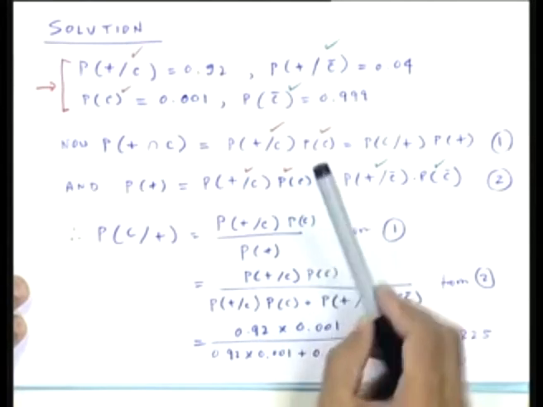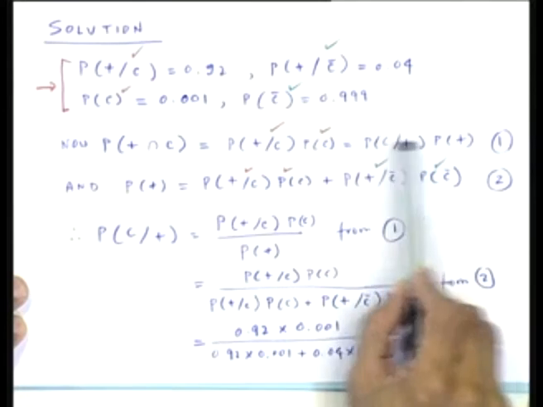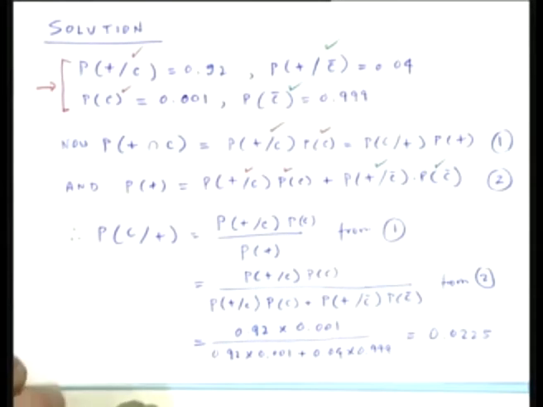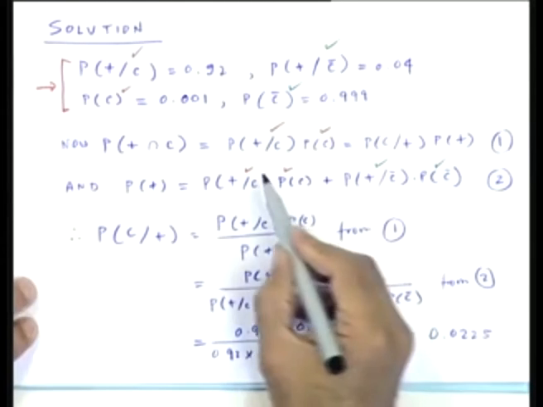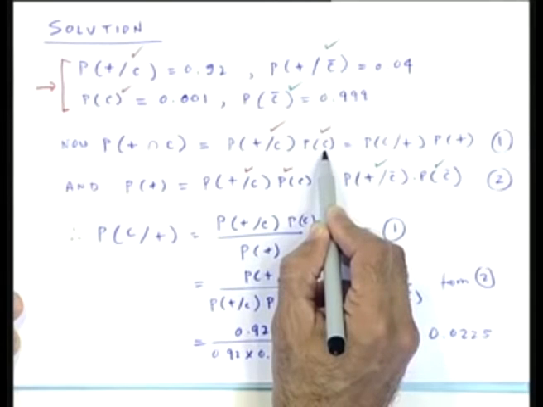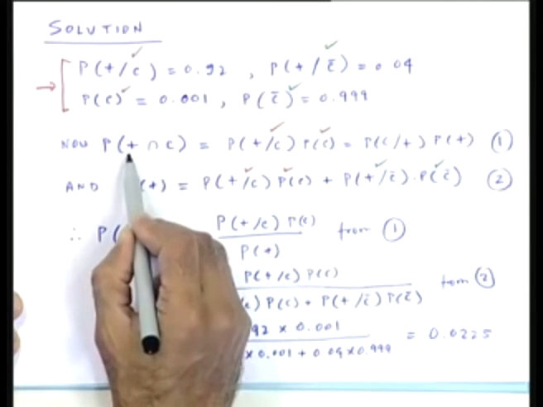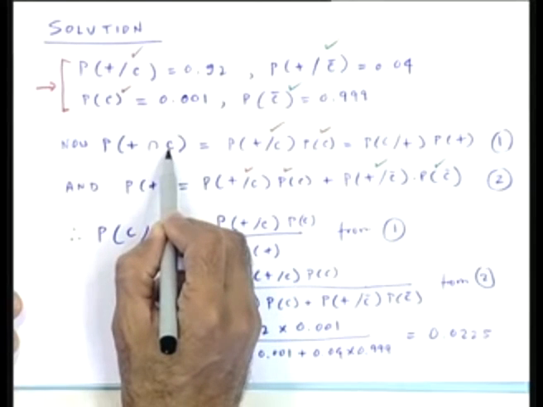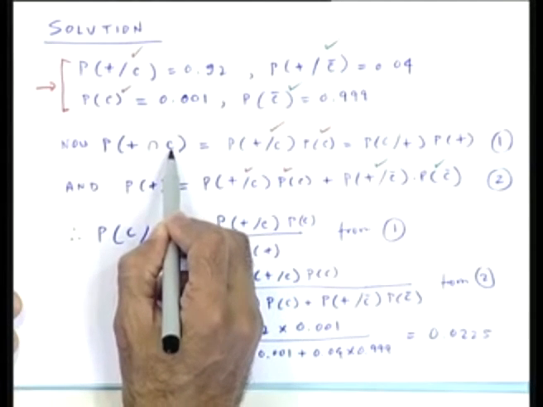Now look at this statement 1. Statement 1 says the probability that the test is positive given that the person has cancer multiplied by this is the same as the probability of the test being positive and the person having cancer.